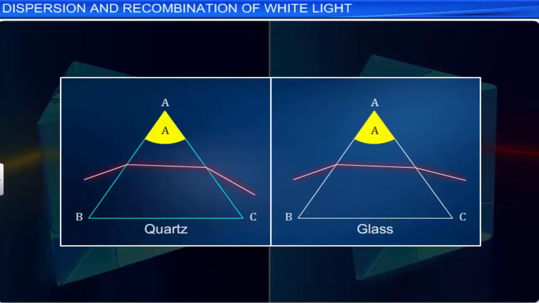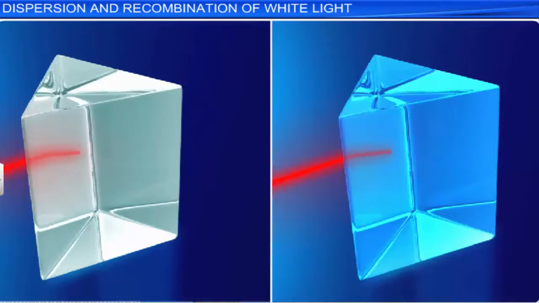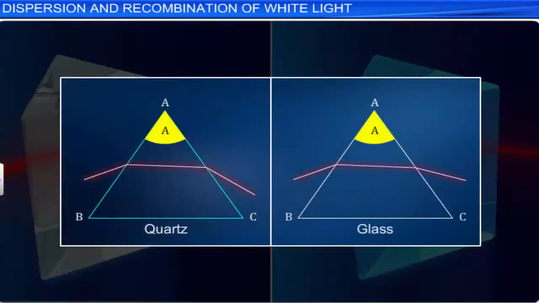Similarly, if you allow monochromatic light to be incident on two prisms made from different materials, but with the same angle of prism A and with the same color of light, you will obtain different angles of deviation for the same angle of incidence. This proves that the angle of deviation depends on the material of the prism, meaning it depends on the refractive index of the material of the prism.